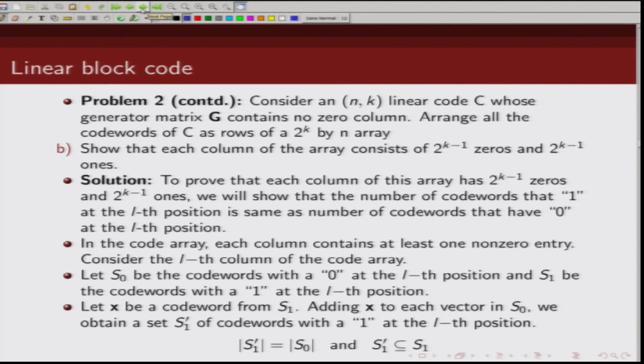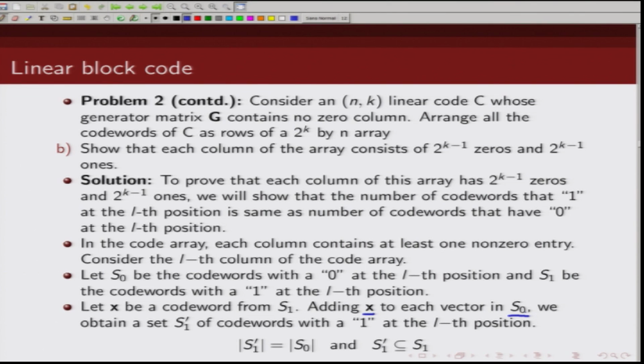Now, we pick a code word x from the set S1, that means x has 1 at the lth location. Now, if we add this code word x to all the elements in the set S0, what do we get?